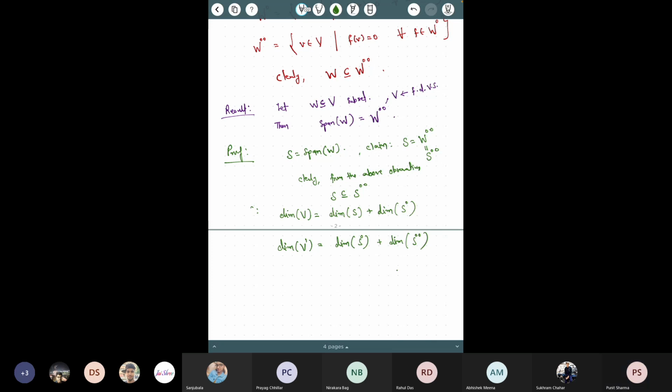But then, from these two, because we know that dimension of V is same as dimension of V dash, we can say that dimension of S is equal to dimension of S double annihilator, and this implies that S is equal to S double annihilator, which is same as W double.